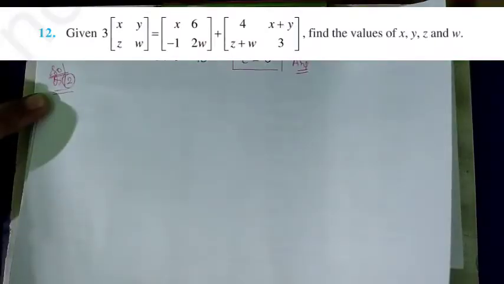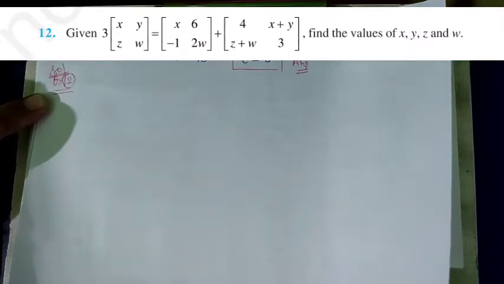Now we will solve question number 12. In this question, given this kind of matrix combination, find the value of x, y, z, w. This is a similar type of question.